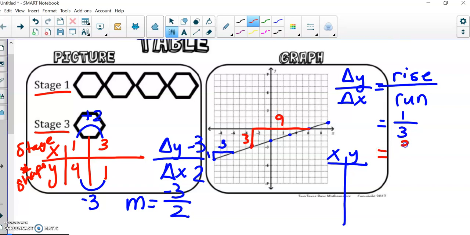And we're going to write the change in Y over the change in X, which is 3 over 9. Notice that that also simplifies to 1/3. So it is the same rate of change. It is proportional even though one triangle is smaller than the other. This is rate of change, the change in y over the change in x.